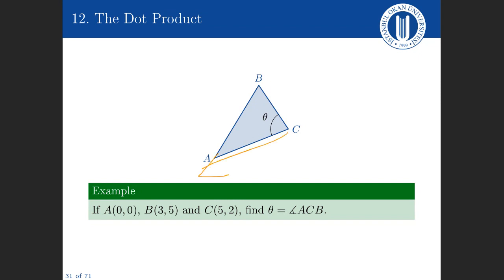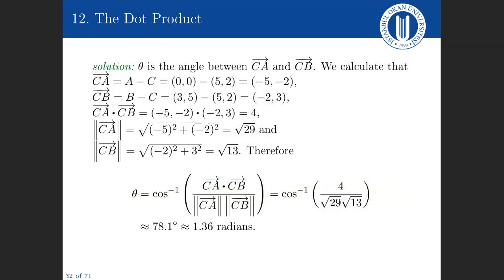We need a vector here and a vector here. After we know these two vectors, we'll use the formula to calculate the angle between them. The angle that we want is the angle between the vector CA and the vector CB.